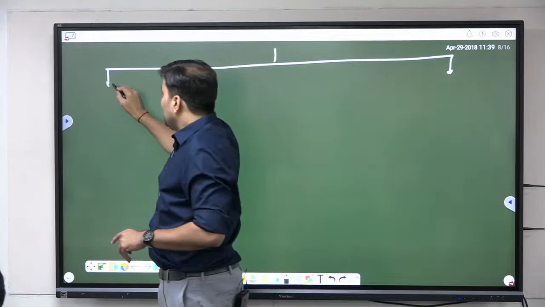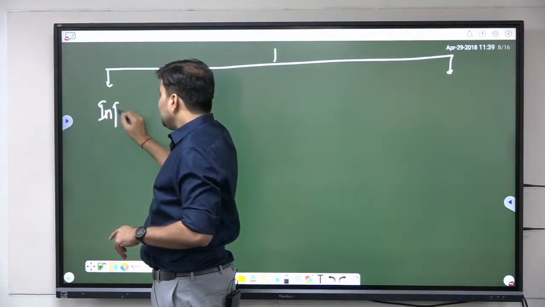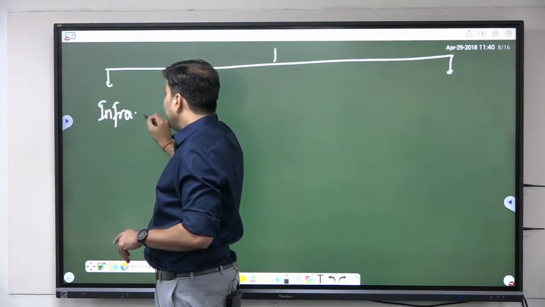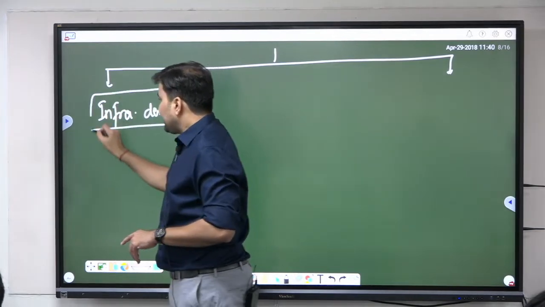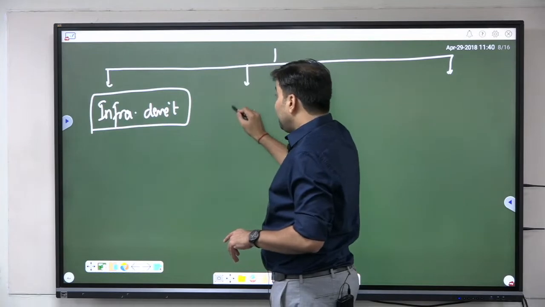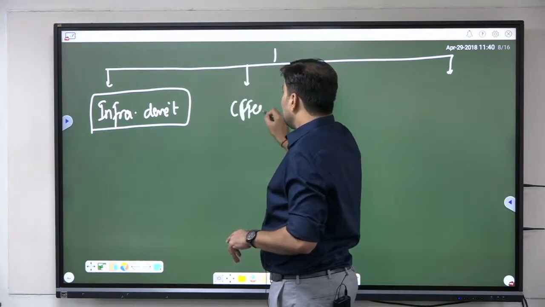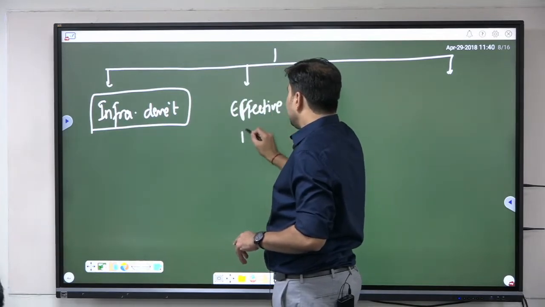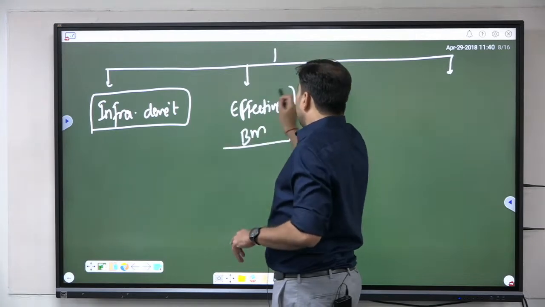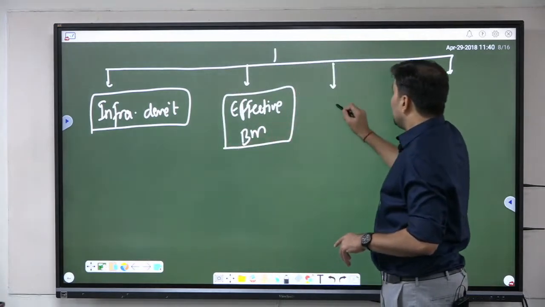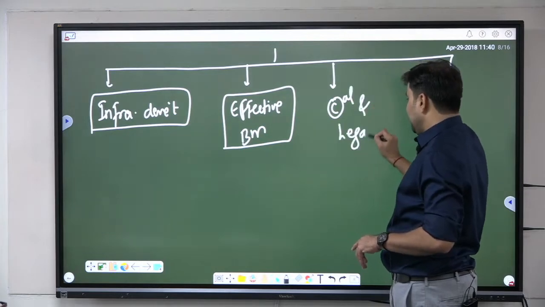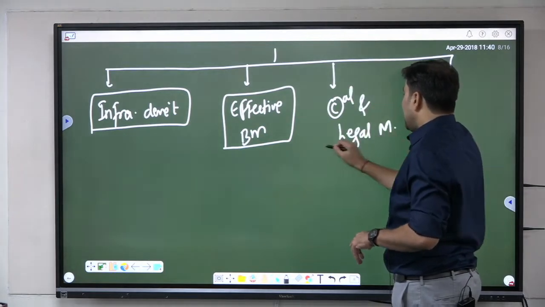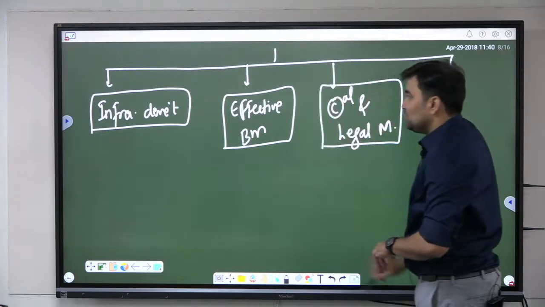First, you have to take infrastructure development measures. Second most important is effective border management, right? Then constitutional and legal safeguards and their implementation.